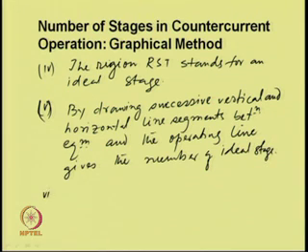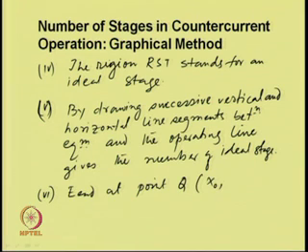And these operations will end at point Q, which is x naught, y 1. So, this is the graphical method of solution to obtain the number of ideal stages.